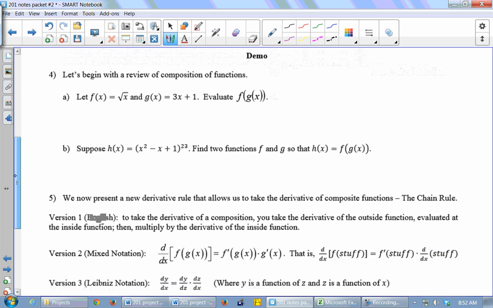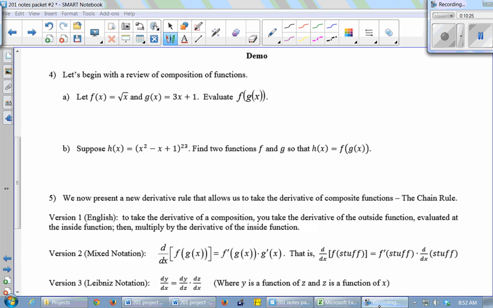Okay. So let's begin with a review of composition of functions. Let f of x be the square root of x and g of x be 3x plus 1. We want to evaluate f of g of x. So who remembers? Can you explain how you did that?